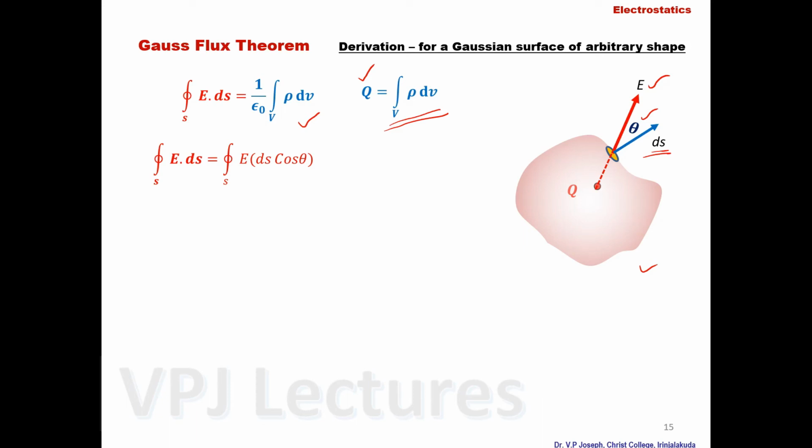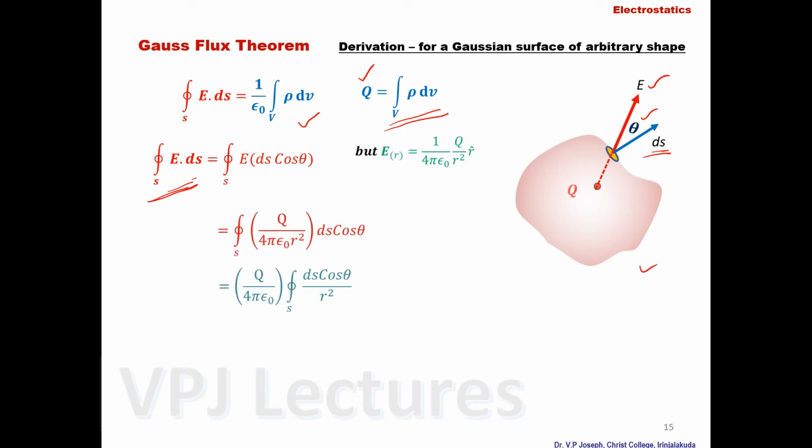Let us expand the left hand side, that is surface integral E dot ds. Surface integral E dot ds is equal to surface integral E into ds cos theta. We are taking the component as I have mentioned. So E into ds cos theta, and the electric field is given by 1 by 4 pi epsilon 0 q by r square.